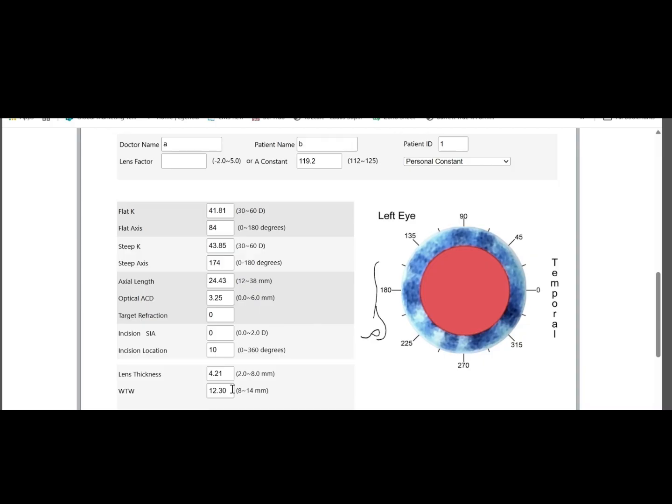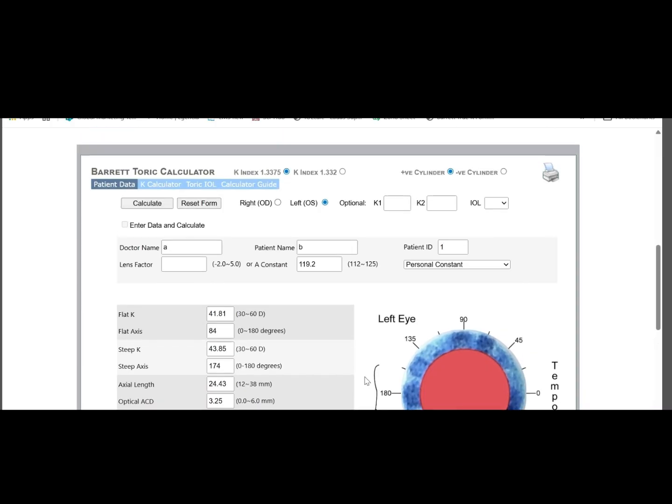Remember, the lens factor is the distance of the IOL from the iris plane. So based on the lens thickness and white to white, as well as the ACD and the axial length, it basically tries to calculate the effective lens position of the IOL, right? Now that we have done this, let us go and calculate.